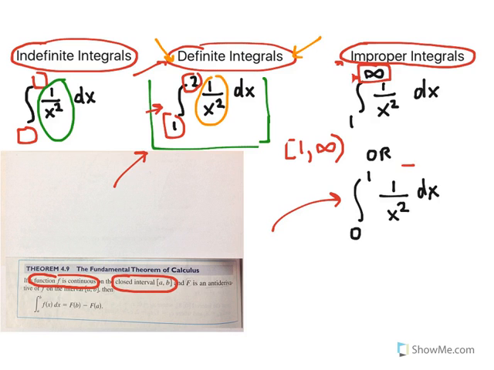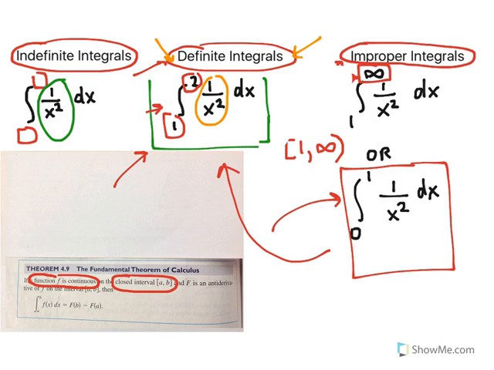When you look at what you have here, you might at first glance think that it's a definite integral, because unlike the first type of improper integral, where obviously one of the limits of integration is infinity, here both limits of integration are numbers. So you do have a closed interval from 0 to 1 in my example.